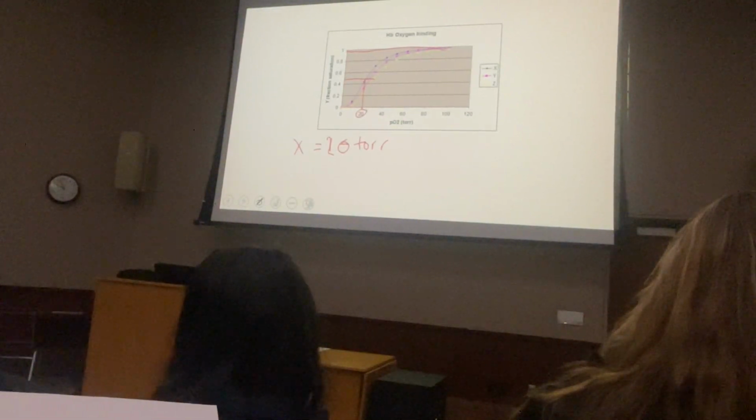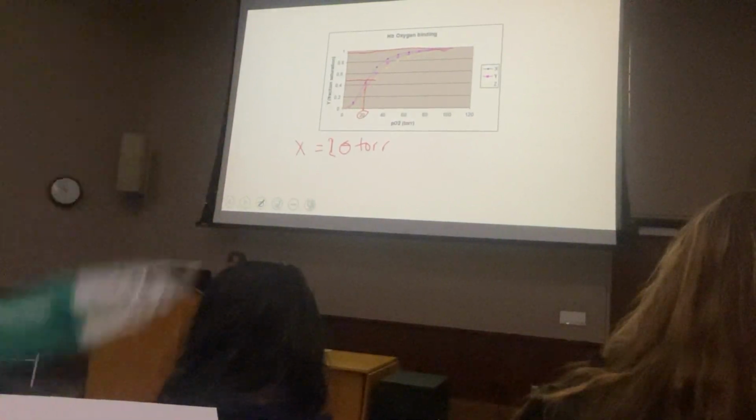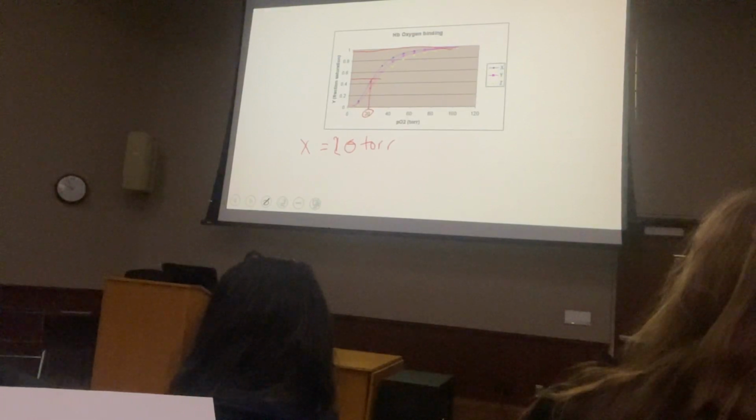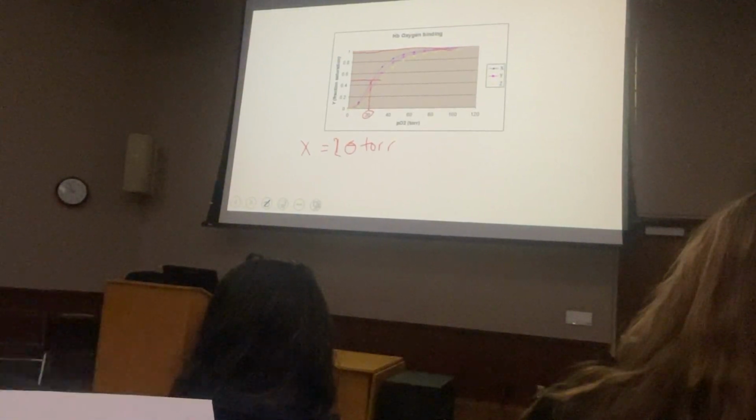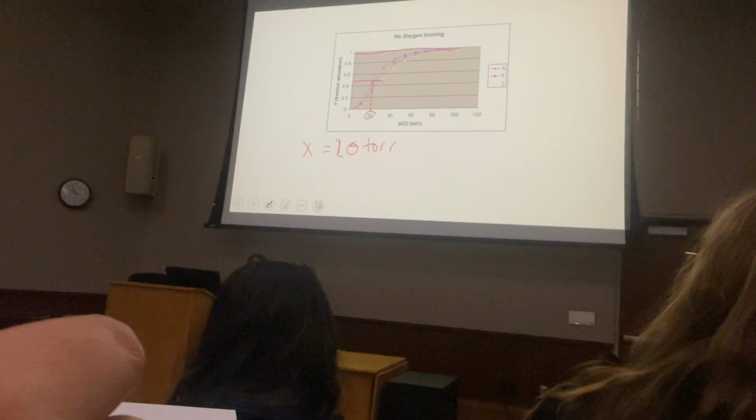So because there is more oxygen being unloaded, the P50, the affinity for that oxygen, is supposed to be decreasing. Right? It's not going to hold on tightly.